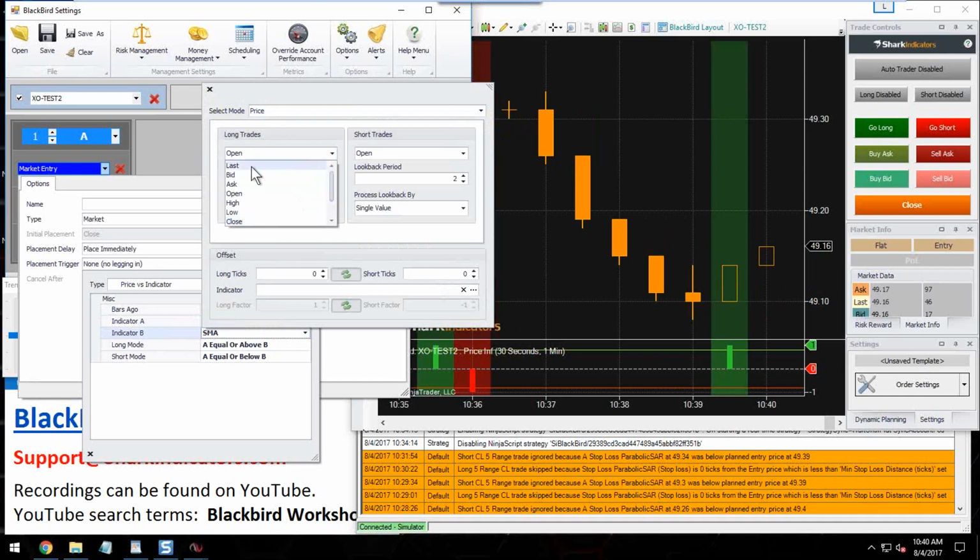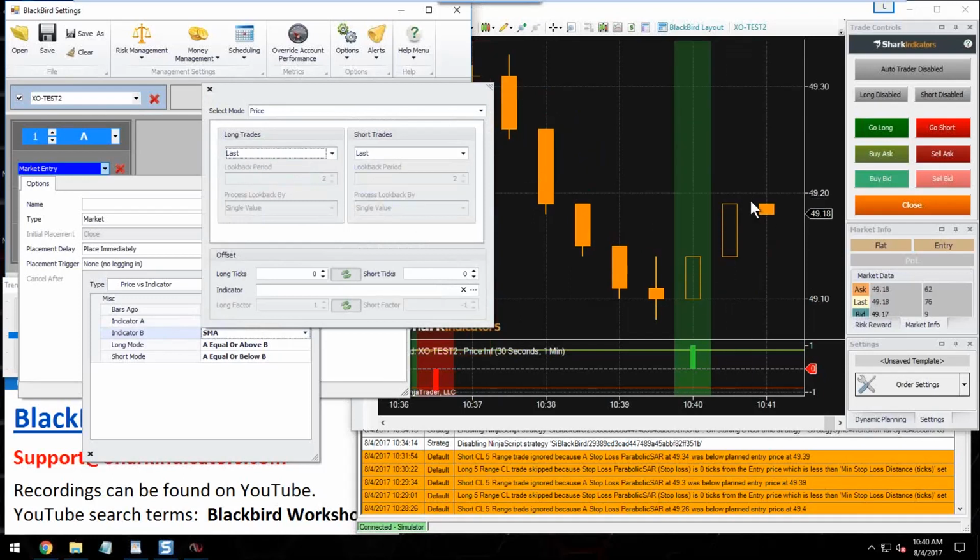So the last price is also the same as the close price when you're dealing with the most recent bar. When we're dealing with the live bar, the bar that's building, NinjaTrader considers the last price also the same as the close price of that bar.